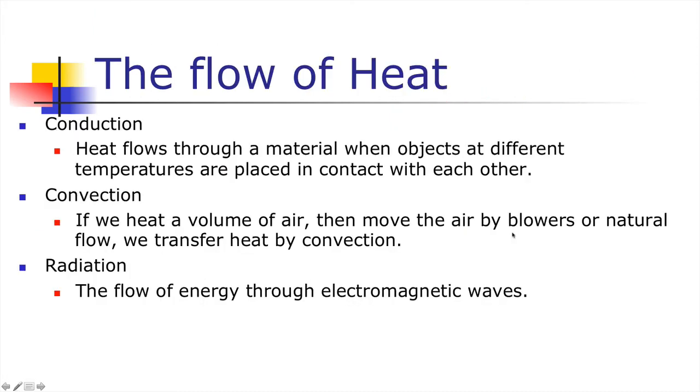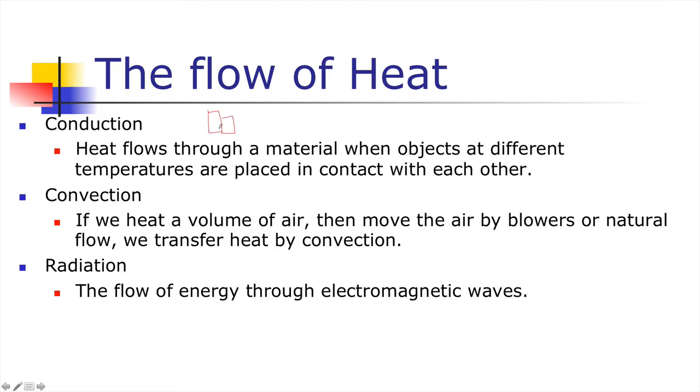Then the last item we will discuss before we start calculating a few examples is the flow of heat. In general, there are three different ways heat flows. The first one is by conduction. Conduction means you have two objects in contact with each other.